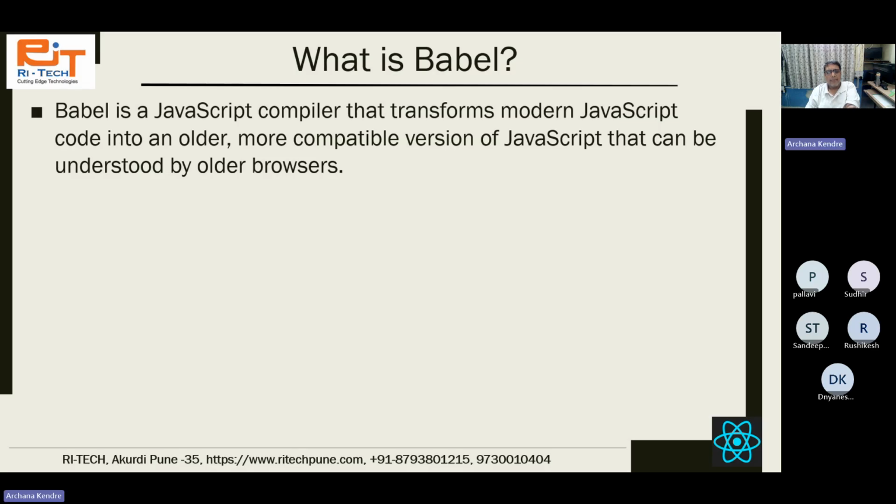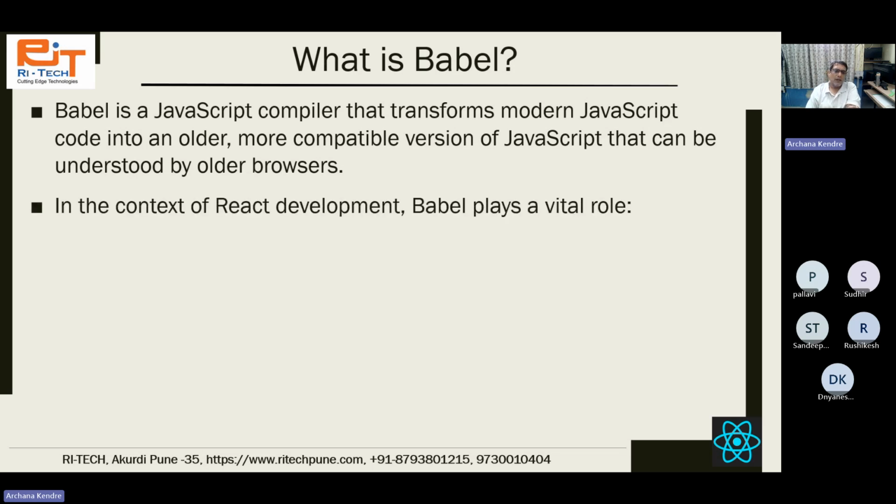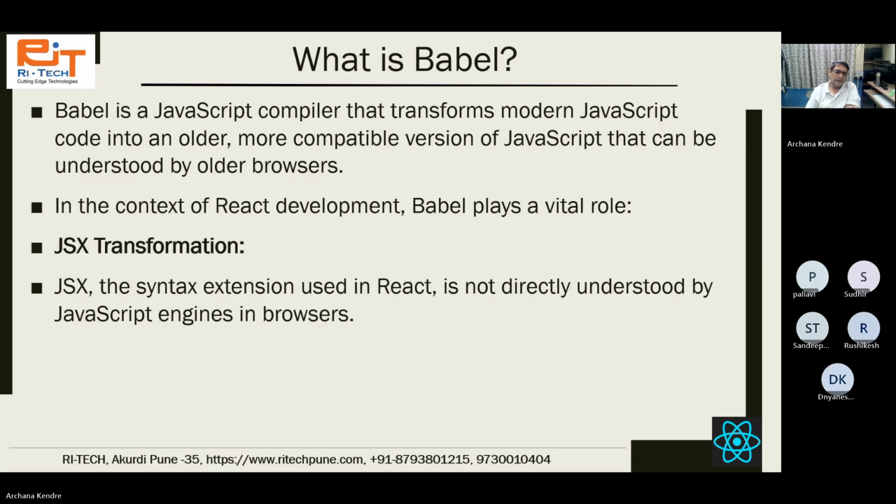In the context of React development, Babel plays a vital role. First, JSX transformation. JSX, the syntax extension used in React, is not directly understood by the JavaScript engines in the browser.